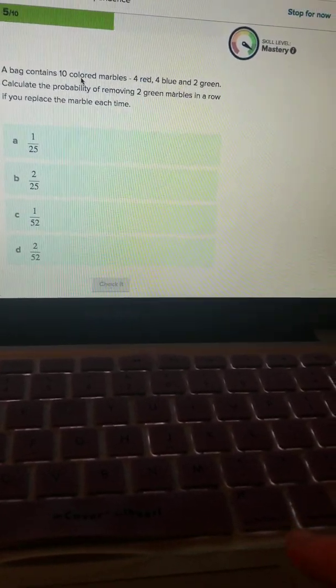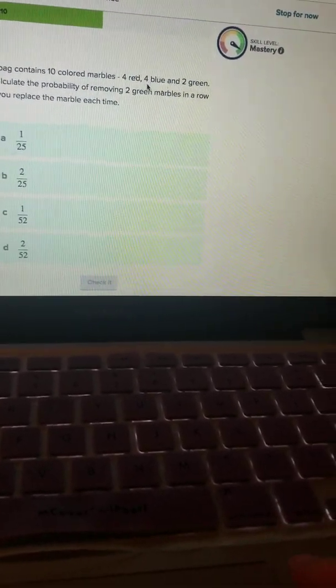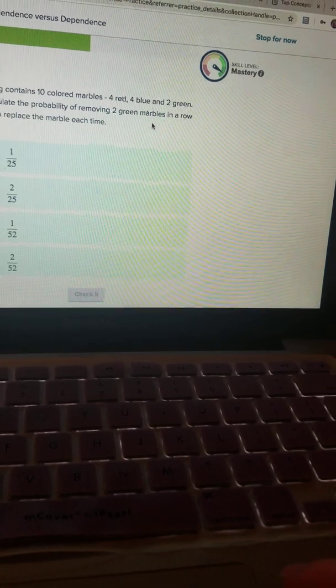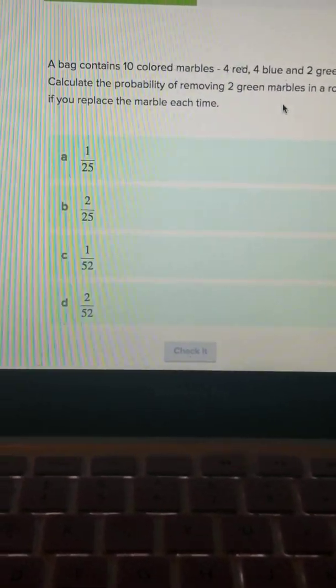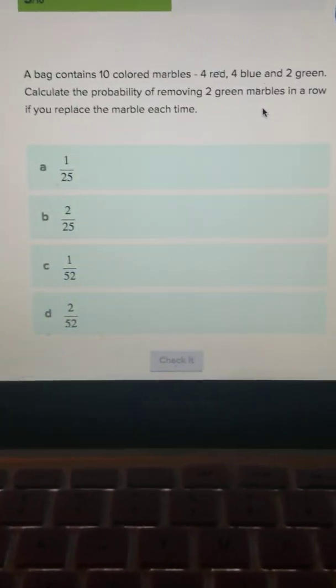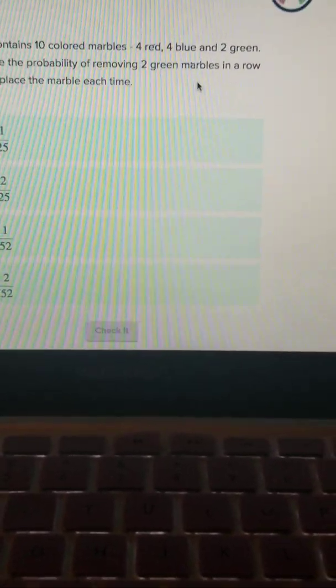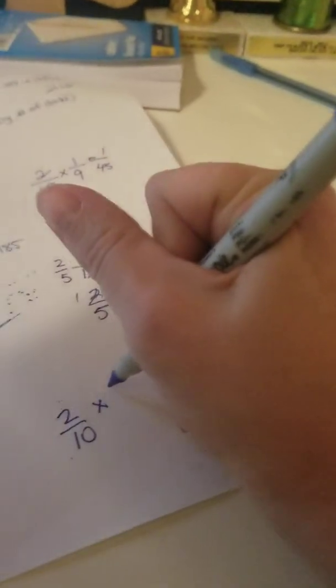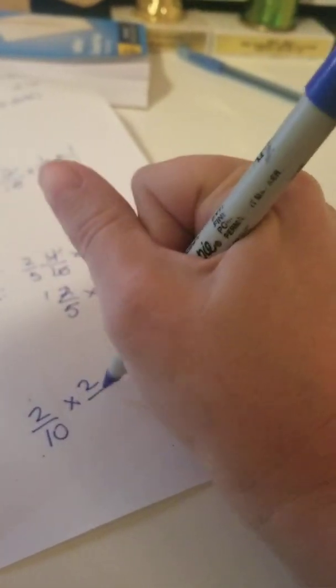A bag contains 10 colored marbles, 4 blue, 2 green. Calculate the probability of green, green, 2 in a row if you replace the marble each time. Okay, so this one's different because we're replacing it, so it's independent. The first chance of getting a green is 2 out of 10, and the second chance, well, we put it back in, is still 2 out of 10.